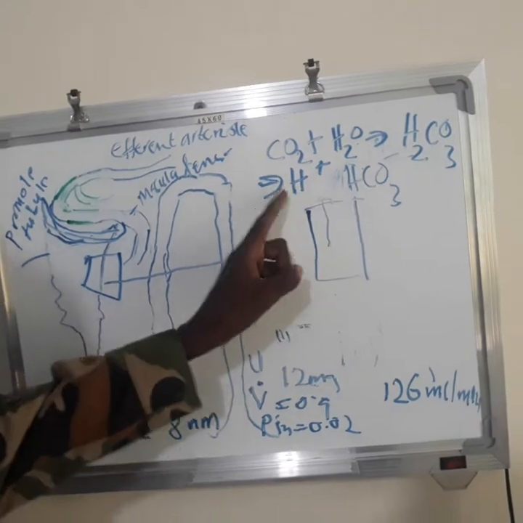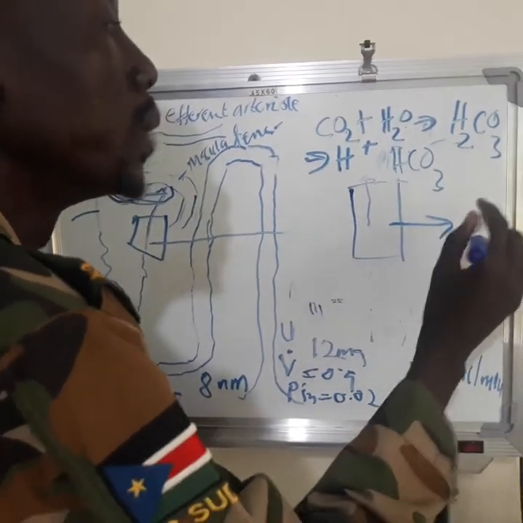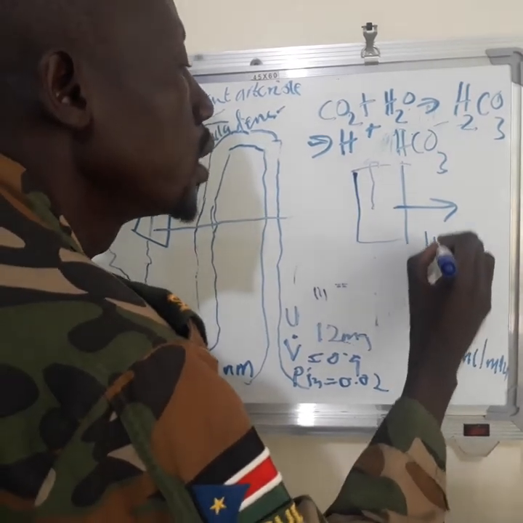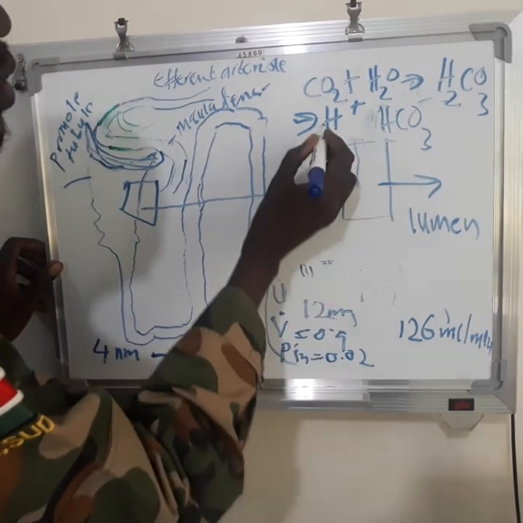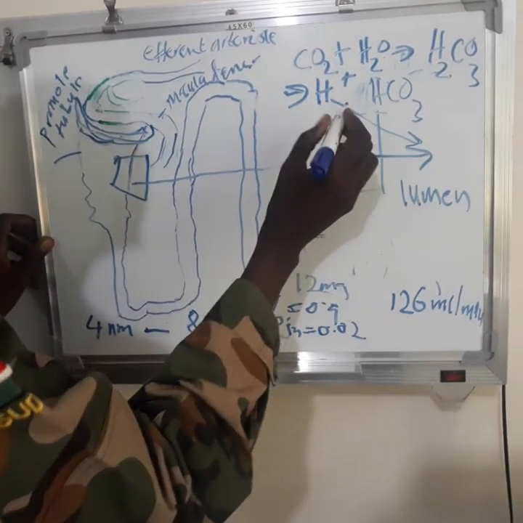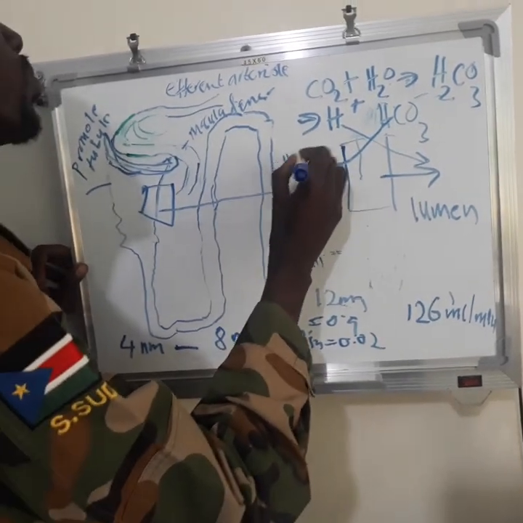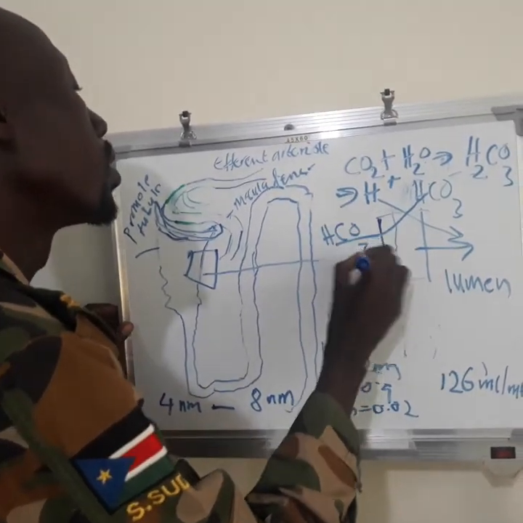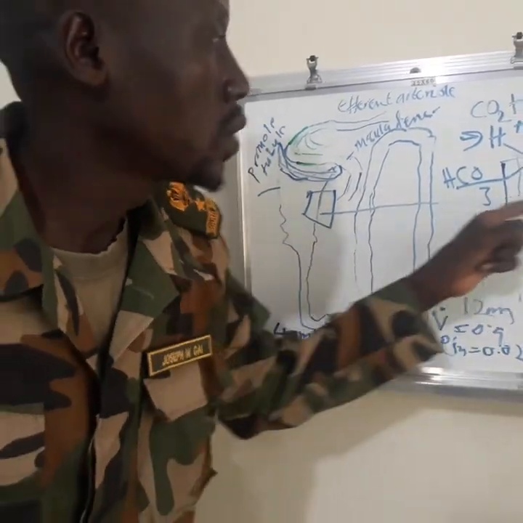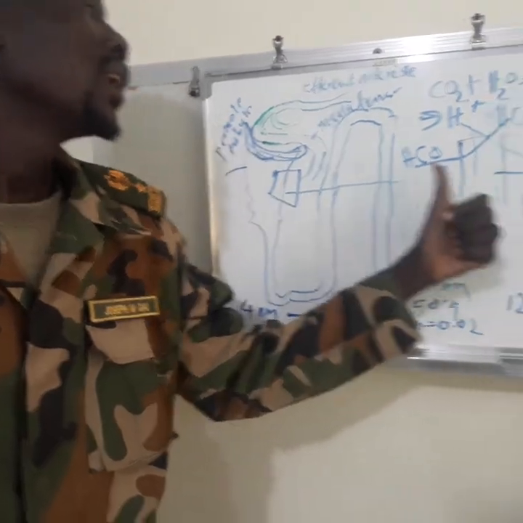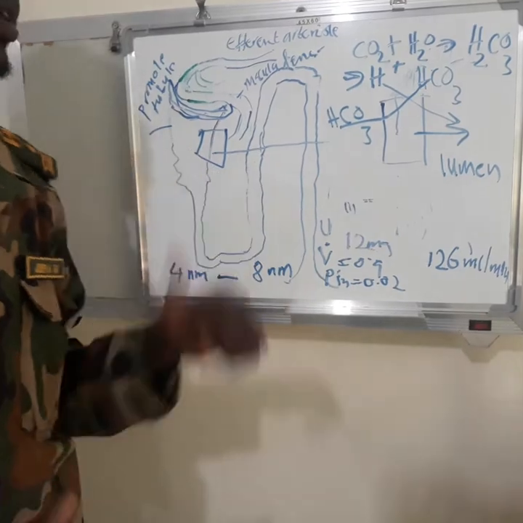The hydrogen ion will go into the lumen of the renal tubule, and the bicarbonate will go into the interstitium. For every one hydrogen secreted into the lumen, one bicarbonate and one sodium are reabsorbed.